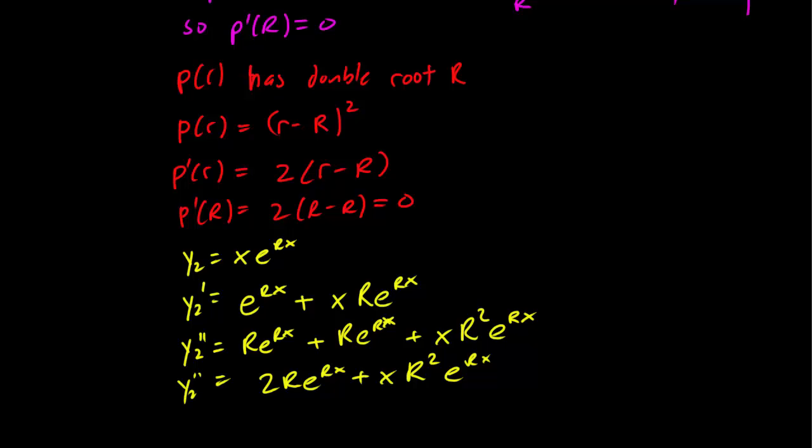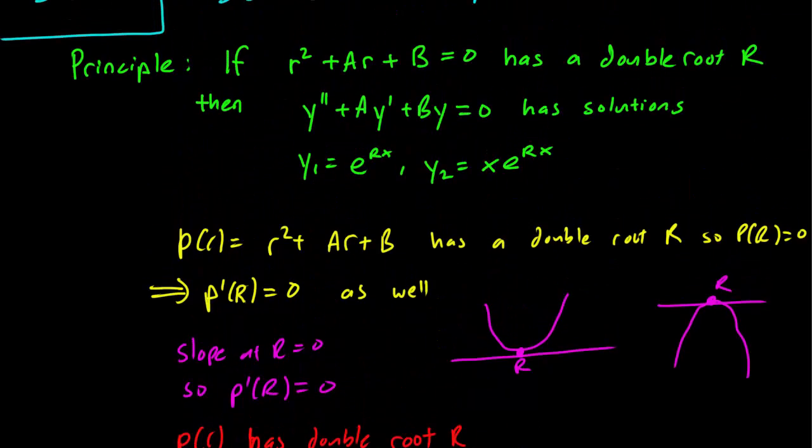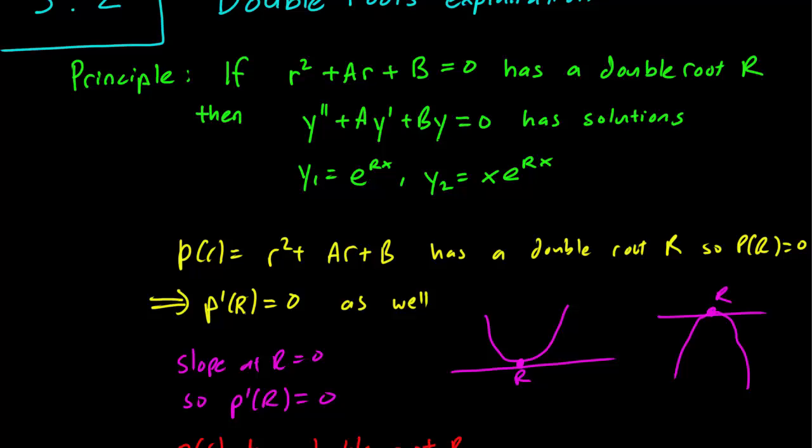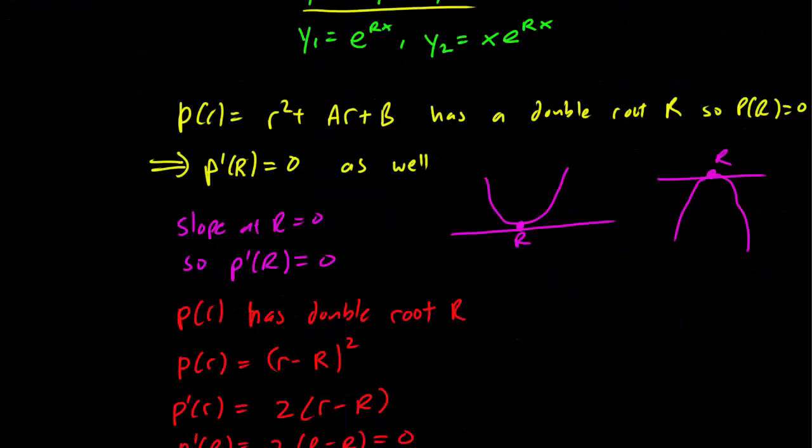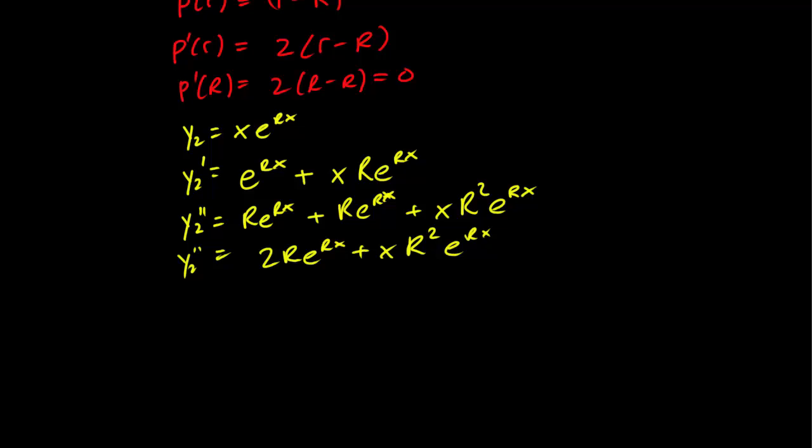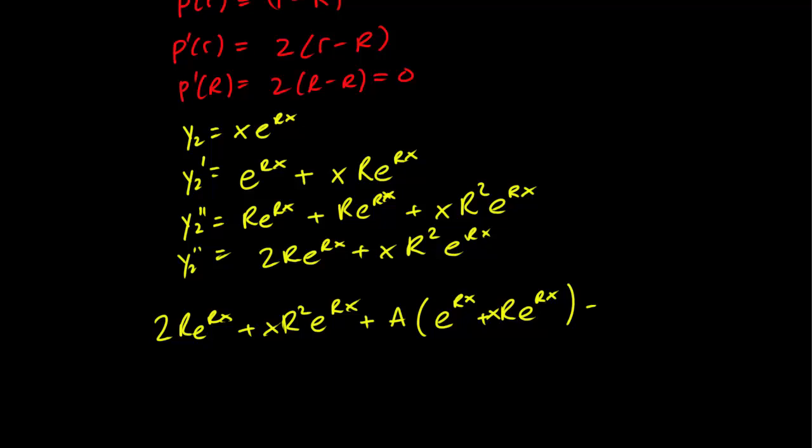Plugging this into the original equation, y double prime plus a y prime plus b y equals 0, we simply get 2r e^(rx) plus x r squared e^(rx), that's our y double prime, plus a times our y prime, plus b times our y.